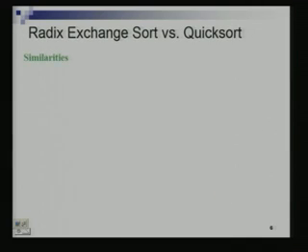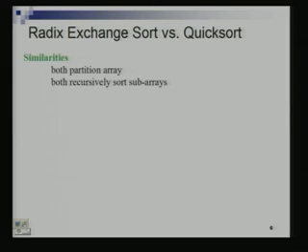Okay. Now, how does this compare to quicksort? Both the algorithms partition the array, both recursively sort the subarrays. So, the structure is very similar, the difference is in the way we partition. In the case of radix exchange sort, we are partitioning with respect to not a pivot element, but with respect to a fixed quantity.